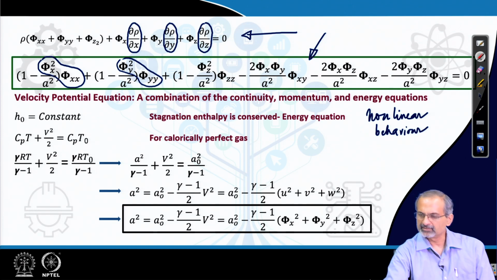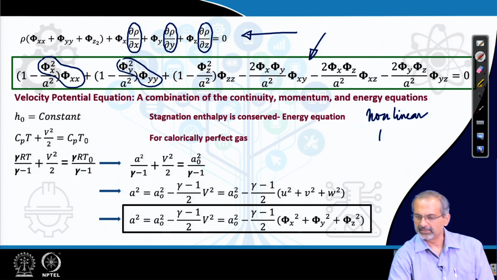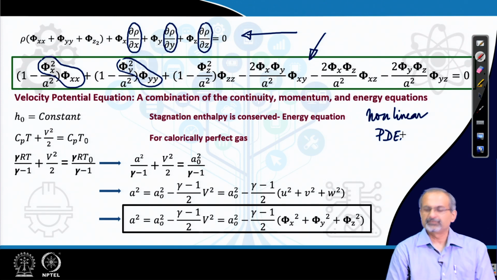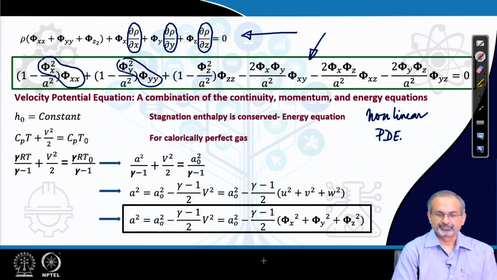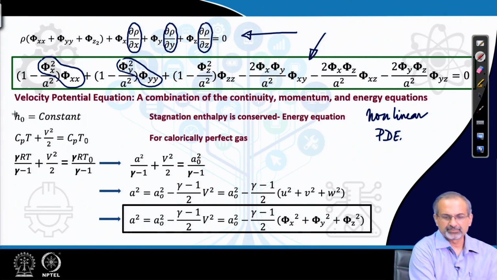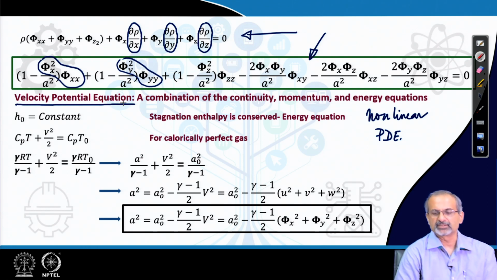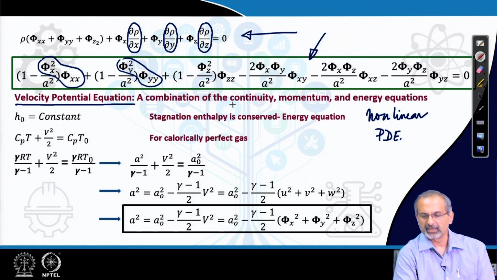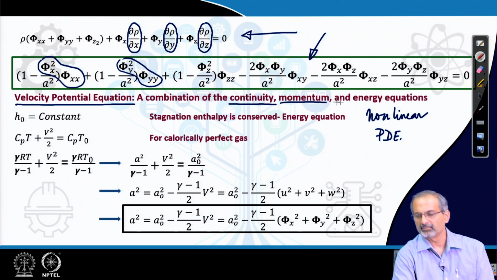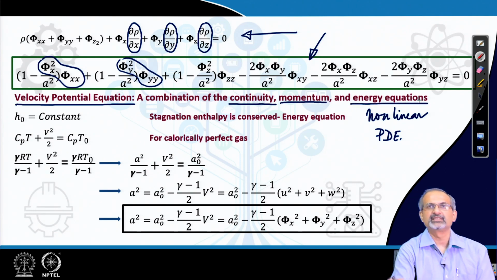So, let us call this a non-linear PDE in phi and its derivatives. This equation is the famous velocity potential equation, and what is it combining? It is combining continuity, momentum and energy. So, everything is put into a single equation over here.